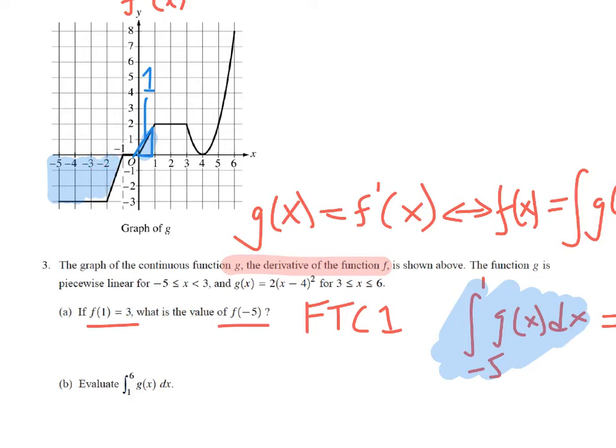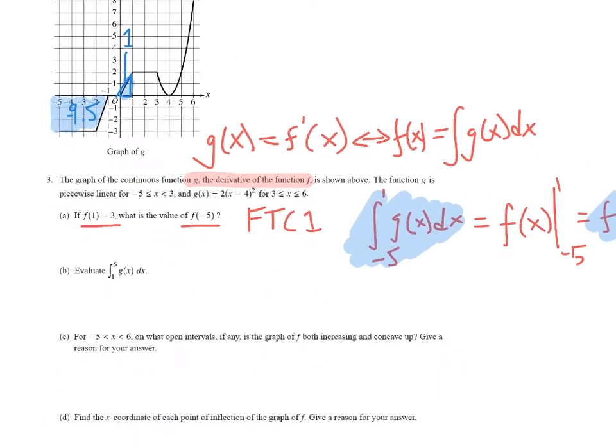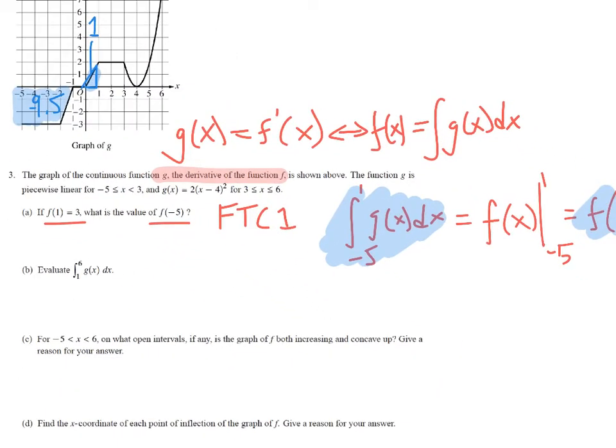Then we've got this trapezoid over here, which has an area of 9. By the way, this little line has no area between it and the x-axis. So this is negative 9.5, and if we add those two, we get negative 8.5. So this integral is negative 8.5.